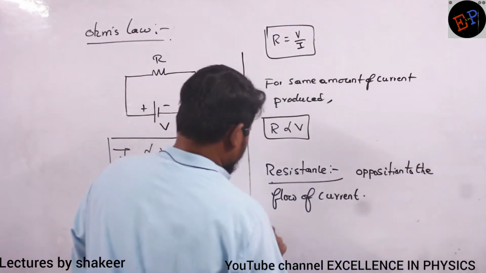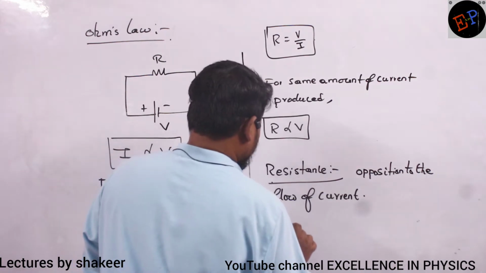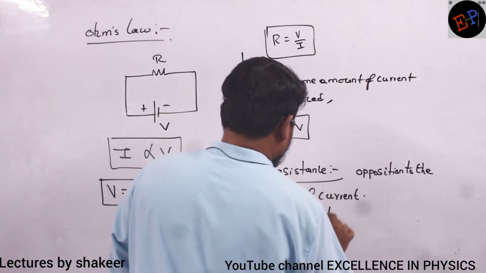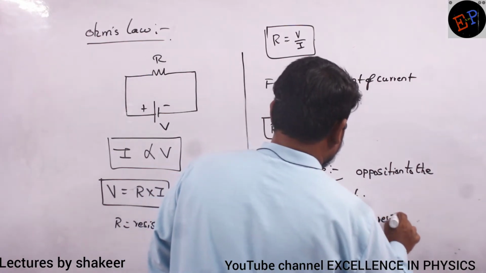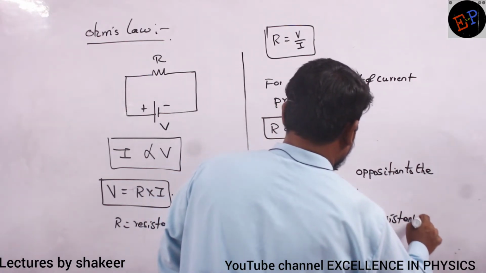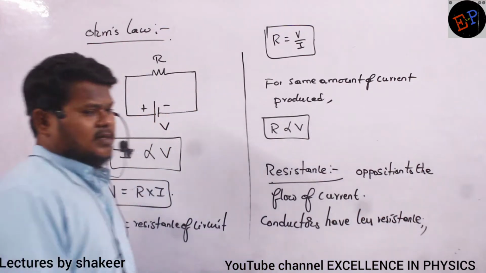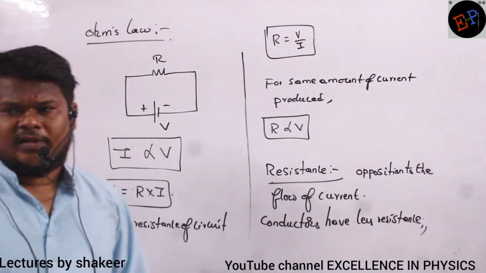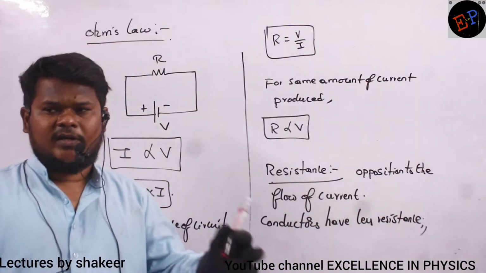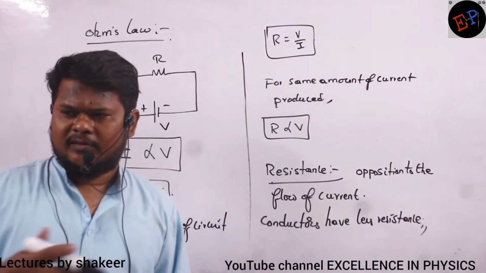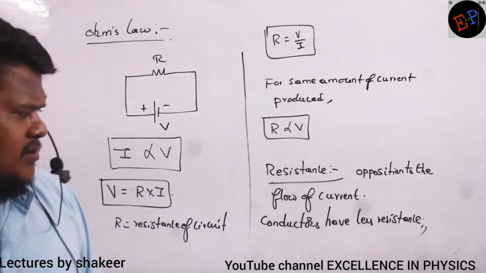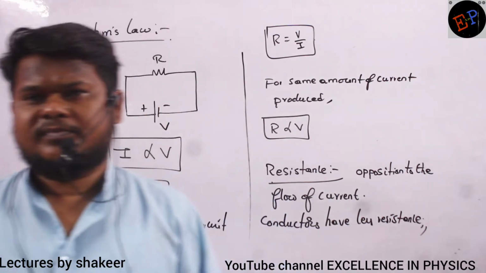Conductors have lesser resistance, whereas insulators have a very huge amount of resistance, and semiconductors are in between conductors and insulators.